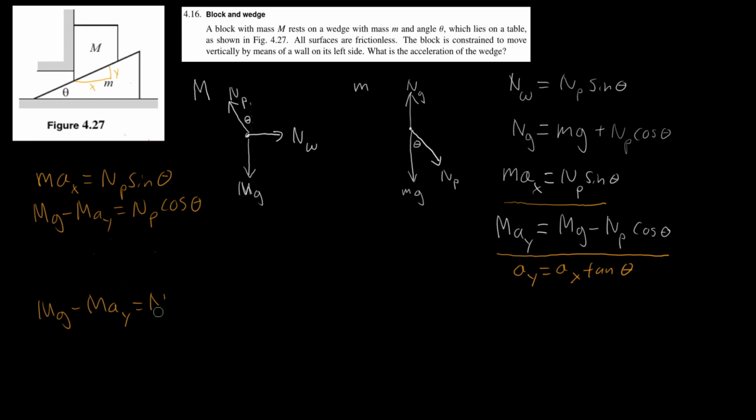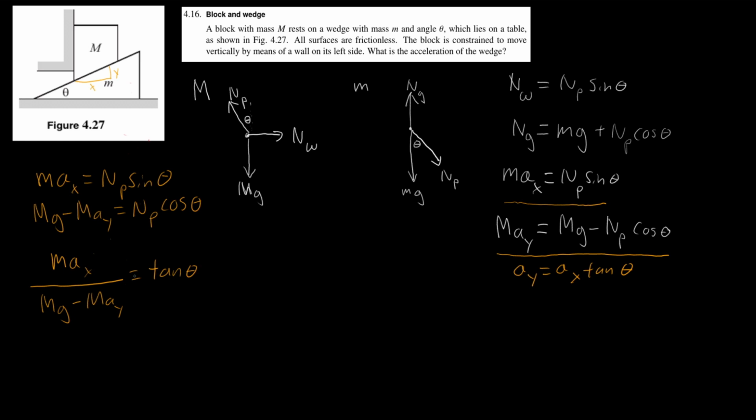And as you might be able to tell now, I'm going to divide these two equations in order to eliminate the NP, which is causing some problems right now. So little m ax divided by Mg minus May is equal to tangent of theta.